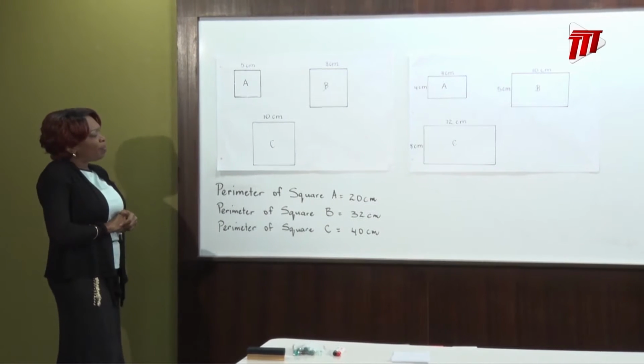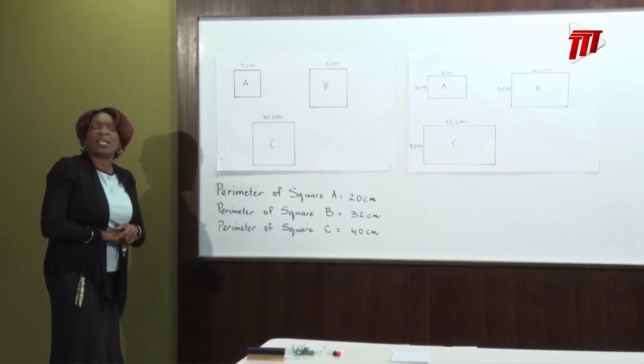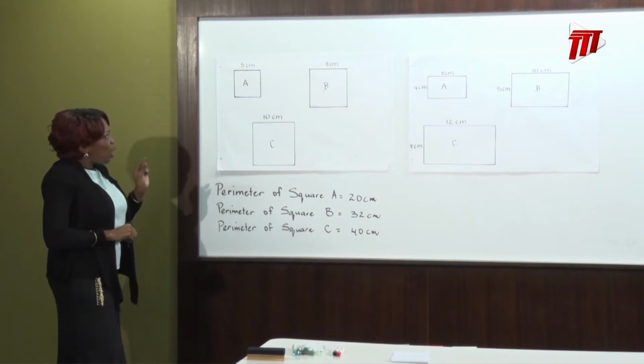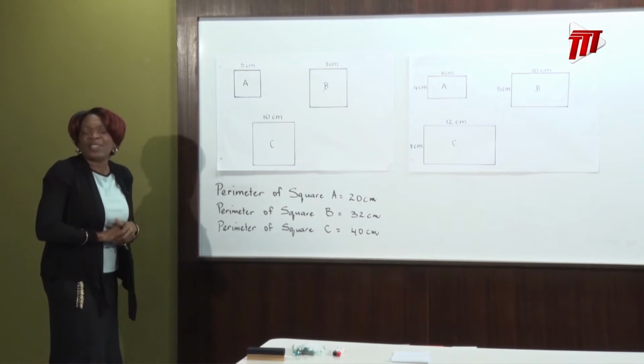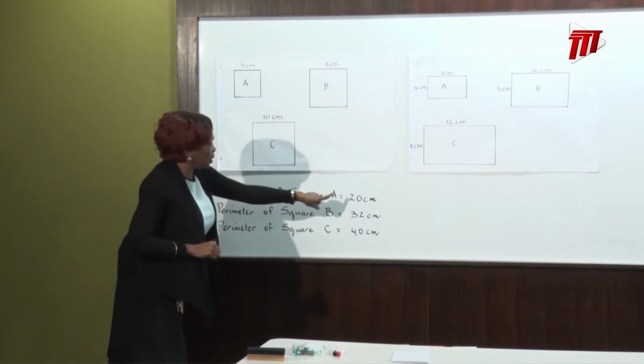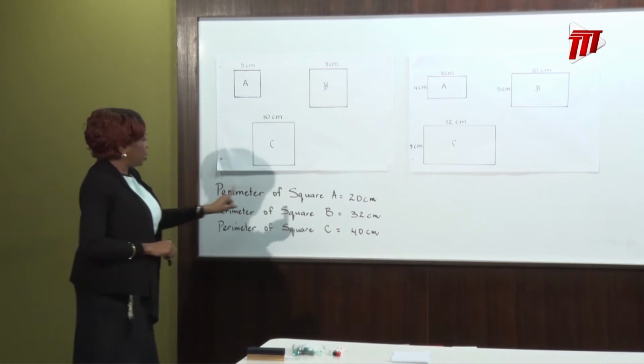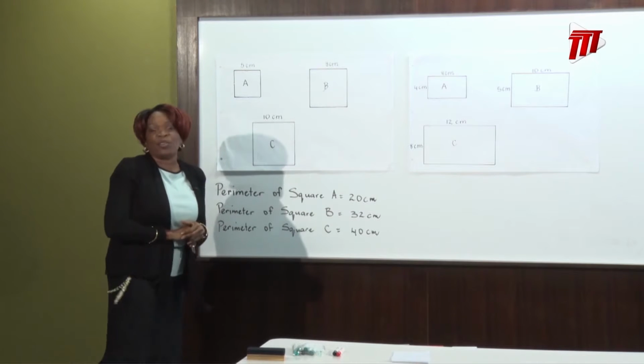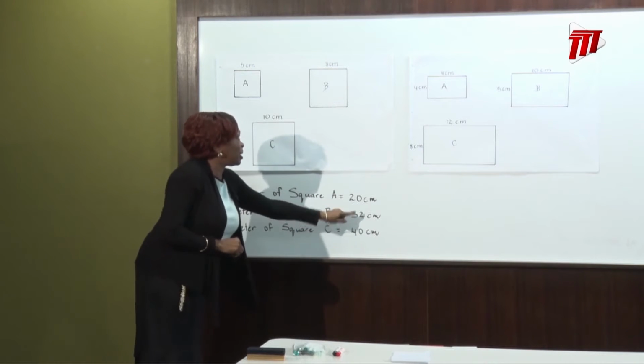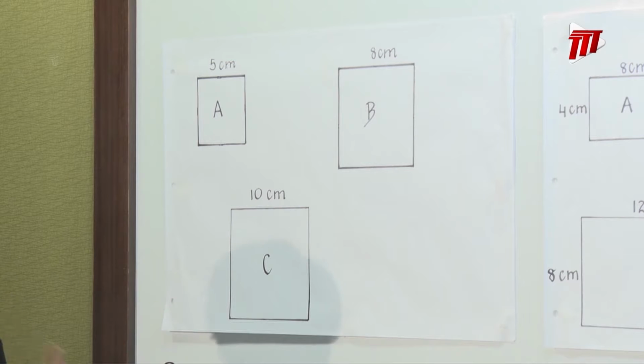Wonderful. But what if I were to work backwards? To get the original length of a side, can I use the perimeter here to get that? Look at it carefully. What can I do to 20 centimeters to get 5? What can I do to 32 centimeters to get 8 centimeters? What can I do to 40 centimeters to get 10 centimeters?